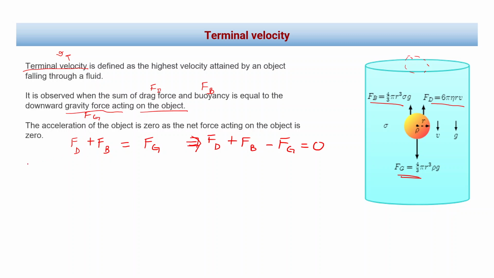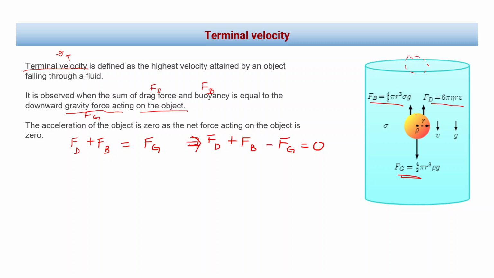So from this, when I put the values here, from Stokes' law we already know this is the expression for drag force. And this one is basically the volume of liquid displaced, right? So the mass of that liquid will be density times volume.